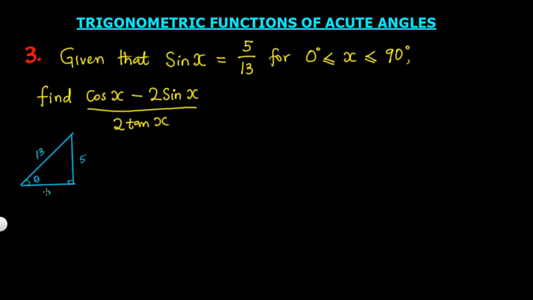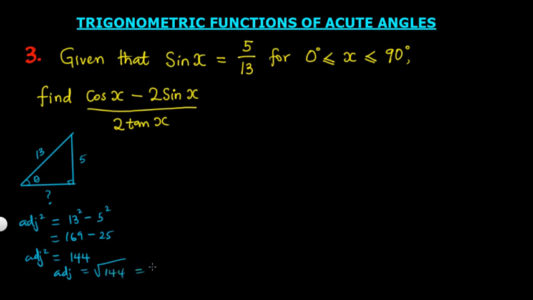So our interest is to find the adjacent. Here we can then say adjacent squared is equal to the square of hypotenuse minus the square of opposite, which is 169 minus 25. That gives us 144. Remember, this is adjacent squared. Therefore, adjacent will be equal to the square root of 144, which is equal to 12.